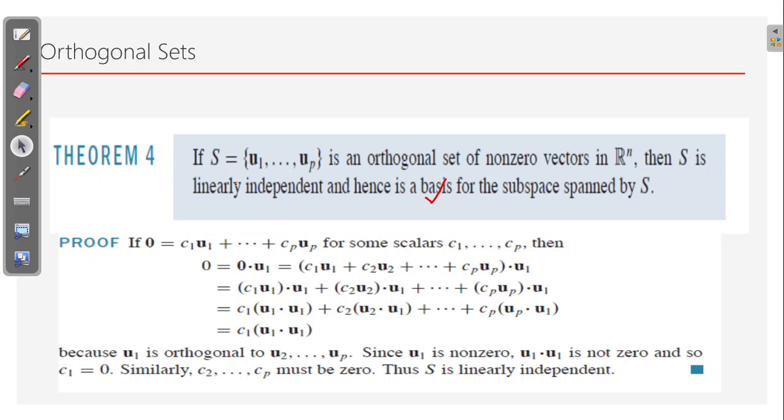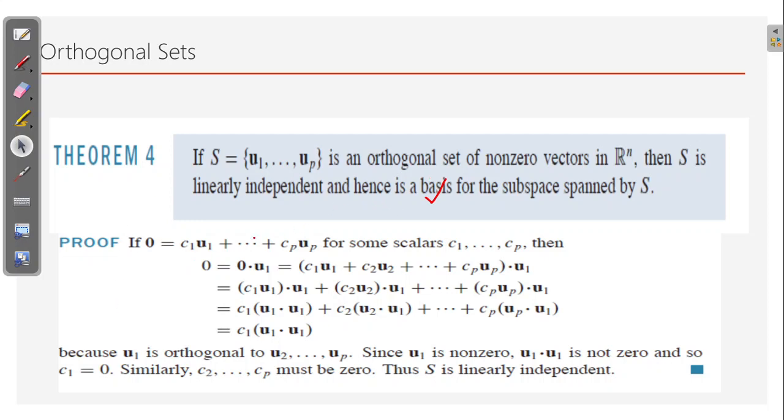These are linearly independent sets, because an orthogonal set of non-zero vectors is linearly independent, which you can prove. Linearly independent means the solution will be only the trivial solution. And hence it is a basis for the subspace spanned by S. So the proof of this theorem is like this.